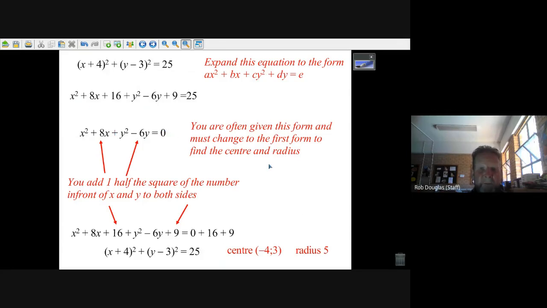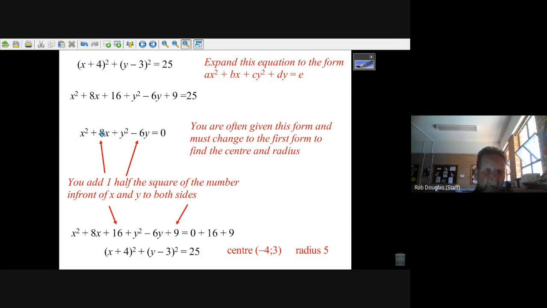You're often given this form and asked to change it into the form where you can find the center and the radius. So this is what you do. This is what so many people missed in the last paper. What you do is you have to complete the square. You have to look at that 8 and take half of the number that's in front of x and square it. That's what you add.